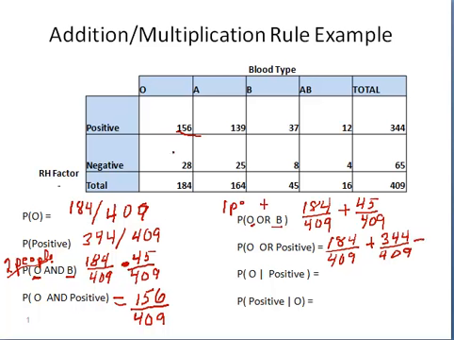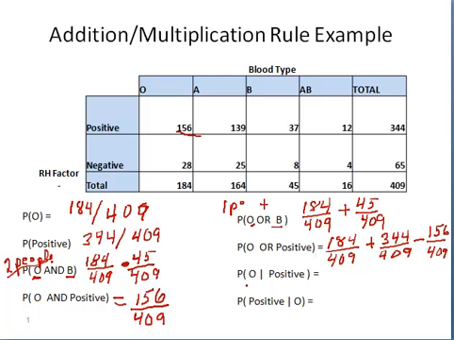And because they overlap, you'll notice that the 156 is in the total 184, and the 156 is also in the total 344. So therefore, I need to subtract out a duplicate. So 156 over 409. And do that calculation, and you will have the probability of O or positive.